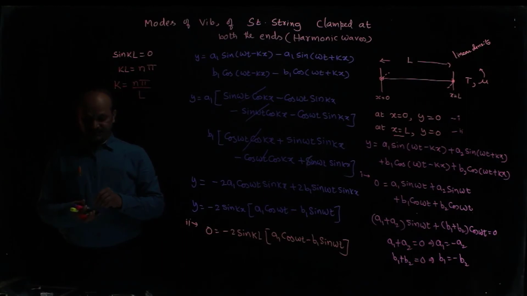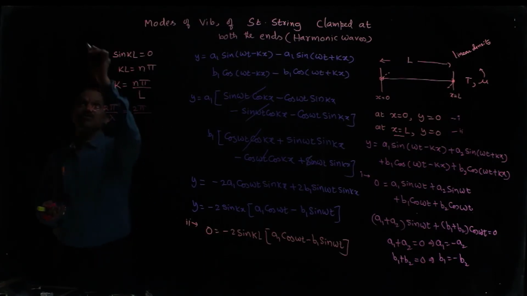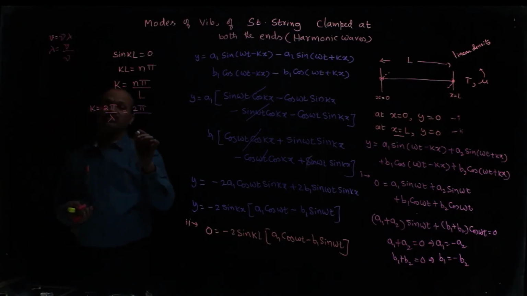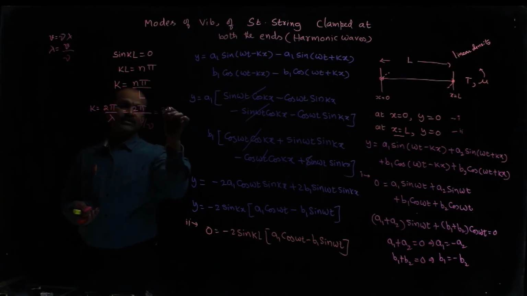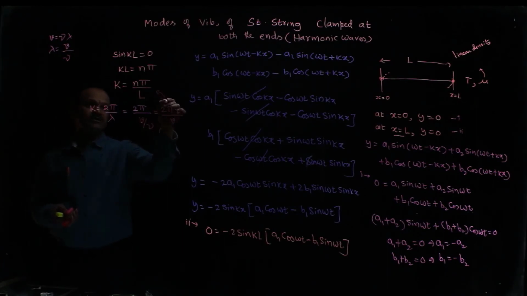And we have k equal to 2 pi by lambda. Velocity v is equal to frequency times lambda, so lambda is equal to v by nu, where nu is the frequency. If I substitute over here, k is equal to 2 pi nu by v. Let us equate these two equations.